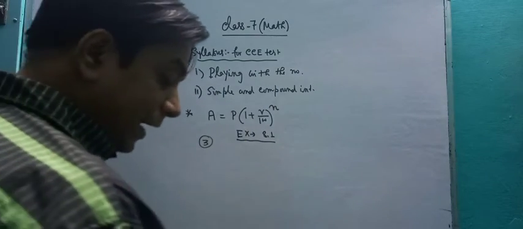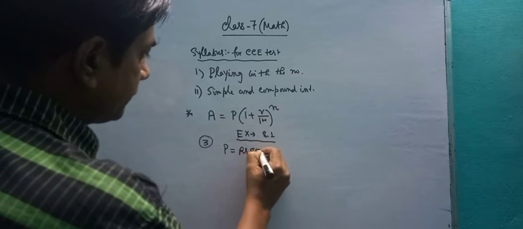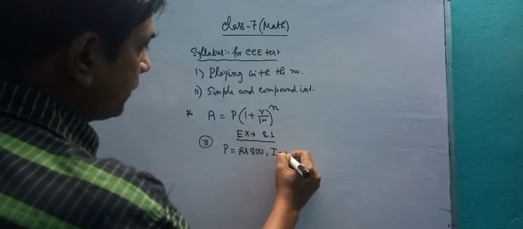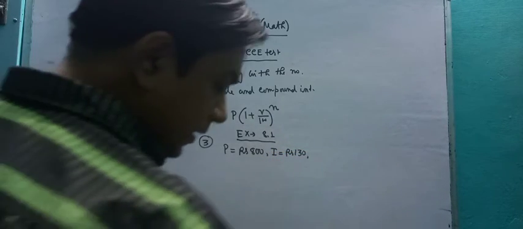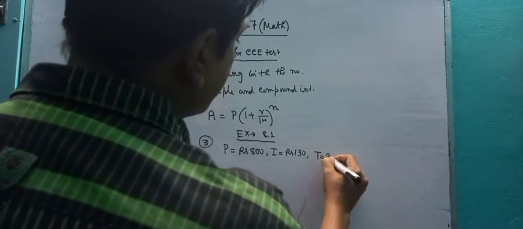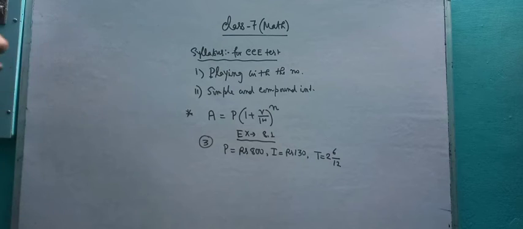So principal is rupees 800. Interest is rupees 130. Time is 2 years 6 months. So always convert it into years. Don't forget to do that.